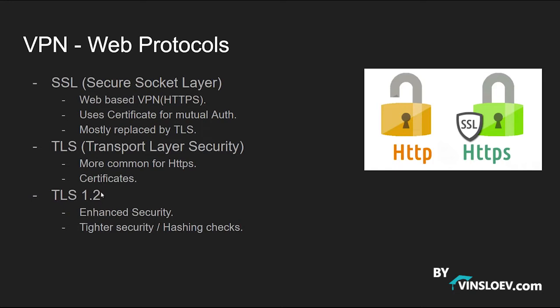So now we have moved more and more to TLS 1.2, which enhanced the security that we used in the older protocols, and we are, for example, now having hash checks in place, and hash checking is something that we will also discuss in further lectures, like certificates. So this was a short introduction to the web protocols used in order to secure our information.